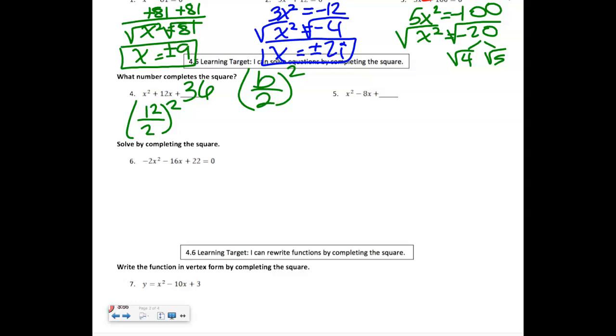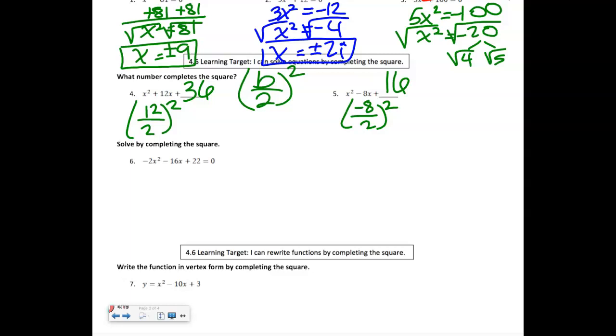Our next one, this time my b is negative 8, but even though it's negative, we're squaring it, so it will turn positive. So we're taking our negative 8 divided by 2 and squaring it, and when we do that, we're getting 16. Okay. On your test on Wednesday, can you fill in this blank? If you don't have this part memorized, obviously that will be rough.